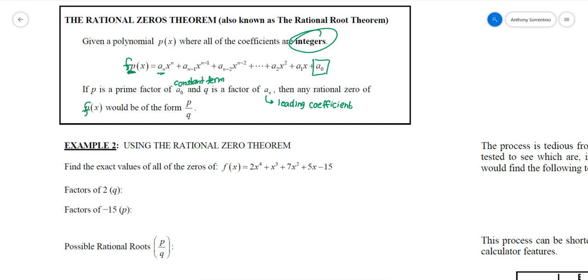So let's just try to plug some numbers in and find them. First of all, I don't even know if it has any rational zeros. This thing has an odd number of terms, so I'm not going to be able to group and factor or use any other factoring techniques we're familiar with.